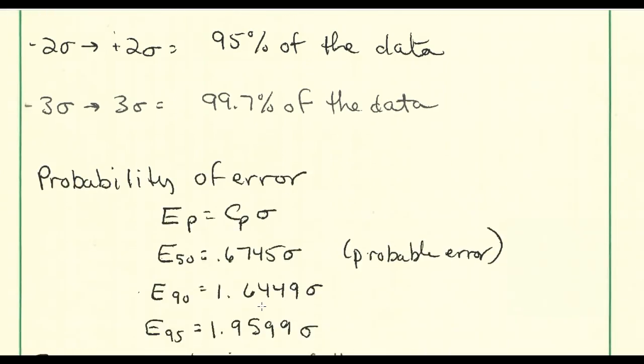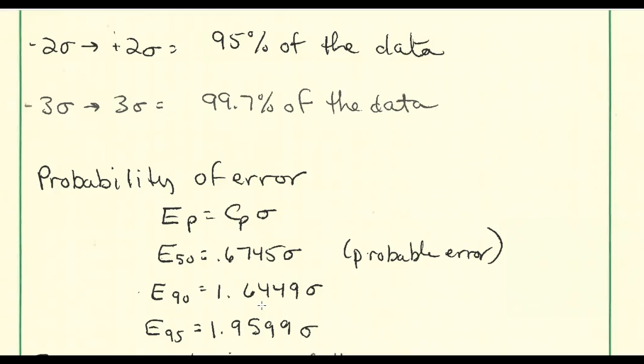So then we talk about the probability of error. Now, if you've ever looked at a political poll, sometimes they will say things like candidate A will get 52% of the vote plus or minus 6%.